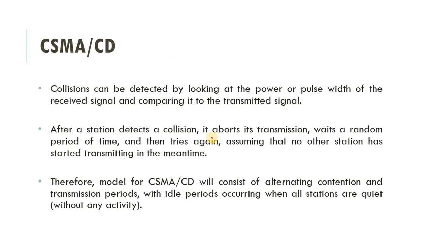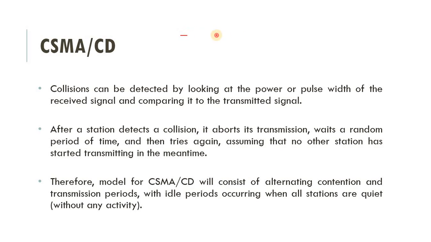A collision can be detected by looking at the power or pulse widths of the received signal and comparing it to the transmitted signal. After a station detects a collision, it aborts its transmission, waits a random period of time, and then tries again, assuming that no other station has started transmitting in the meantime.